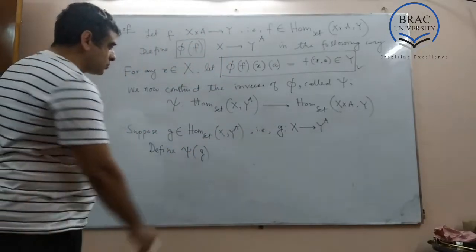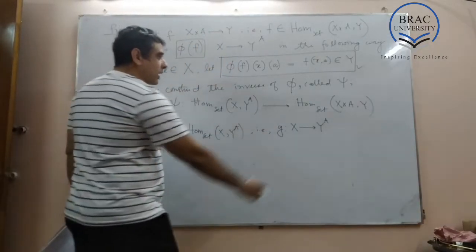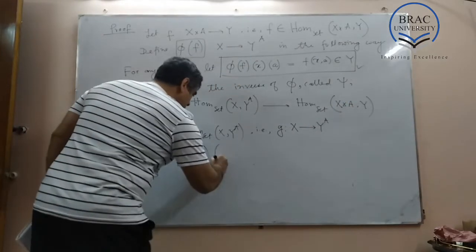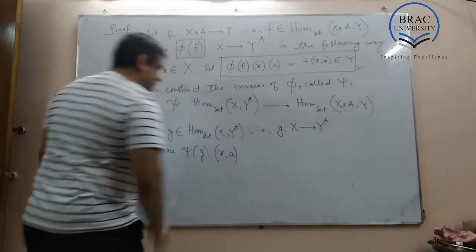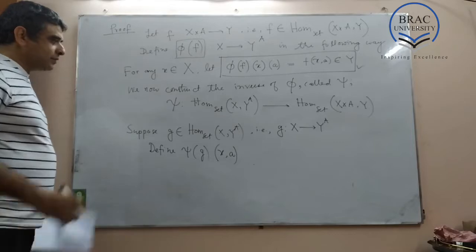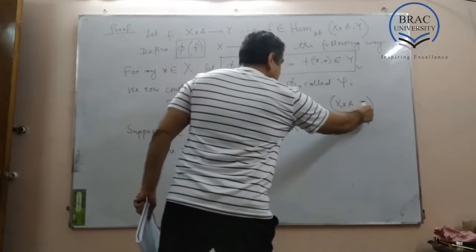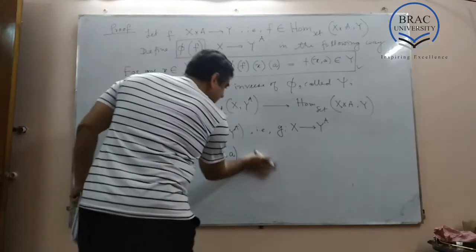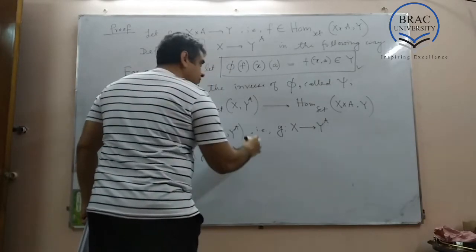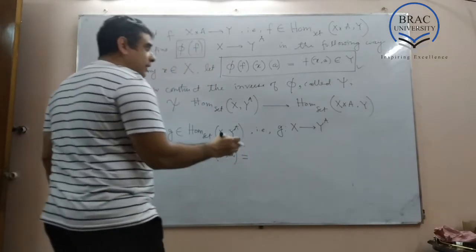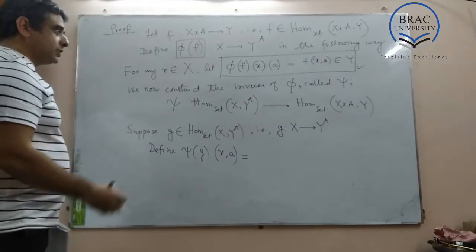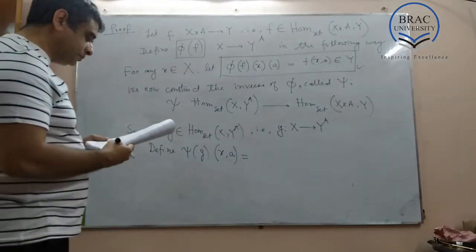So psi g should be acting on X cross A. So it's acting on a pair like this, and the final result is supposed to be in Y. So we're going to get something on the right side of this equation, so that the end result is in Y.